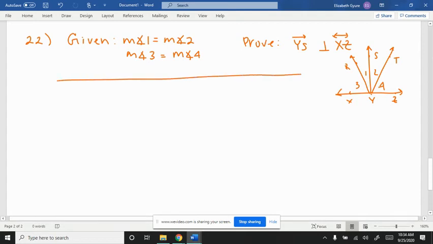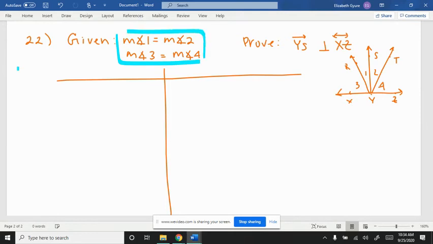So let's have our two columns here. Remember, your given always goes first. That would be your step 1 here. Okay. So now step 2. Again, you can approach this in a lot of different orders.